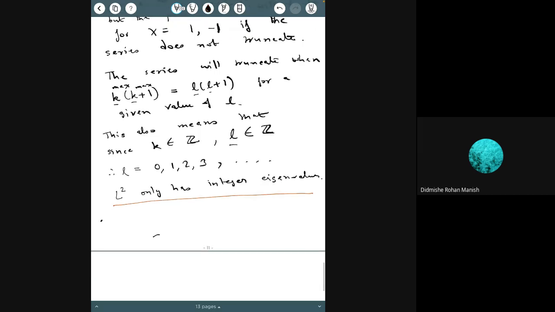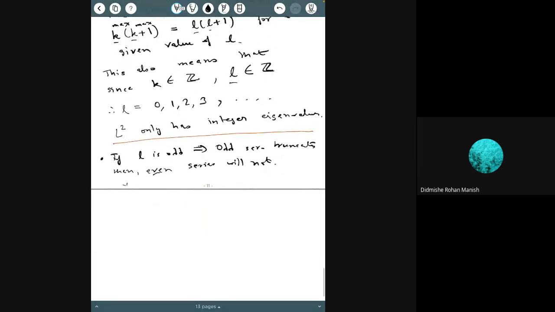So the other point is that if L is odd, it implies that the odd series truncates, then the even series will not, and vice versa.